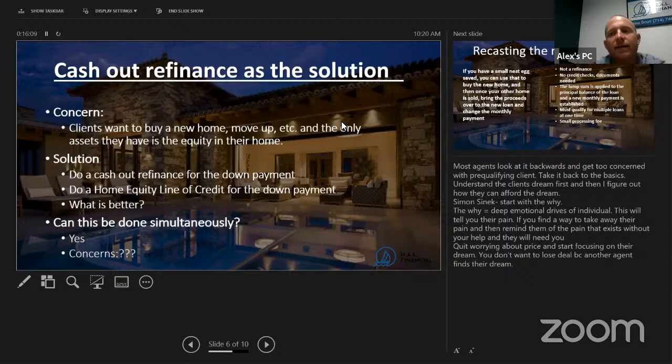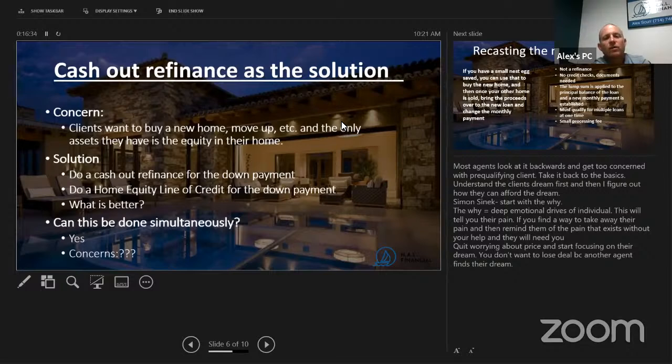You can pay it back down and reborrow from it for typically 10 years. After those 10 years, the home equity line of credit would turn into a fixed loan, or excuse me, an amortizing loan, meaning you would start paying back both the principal and the interest, but the rate never fixes in.